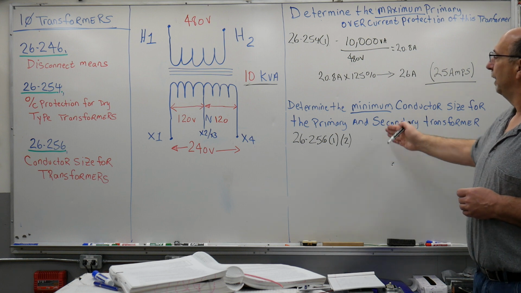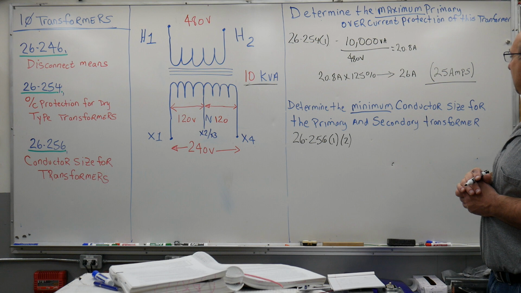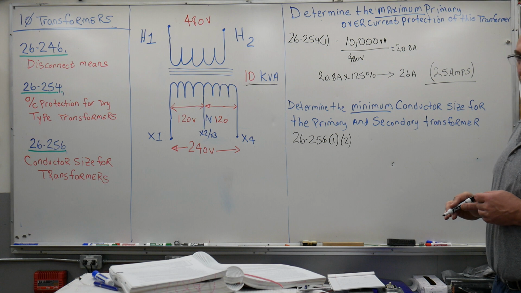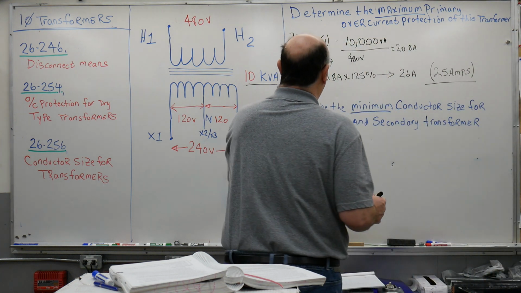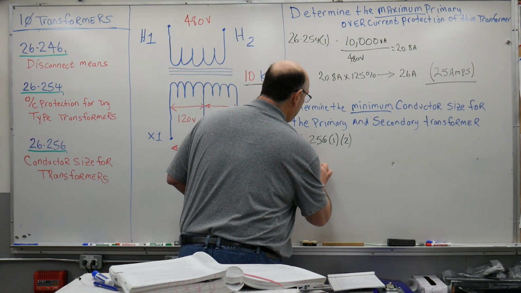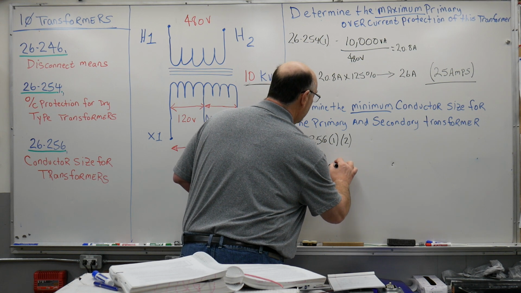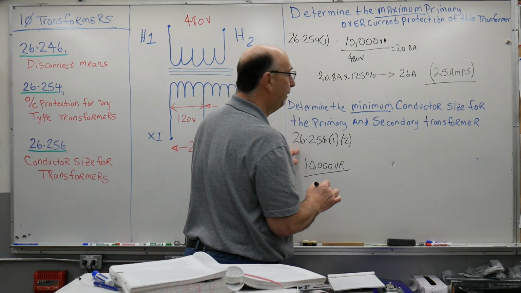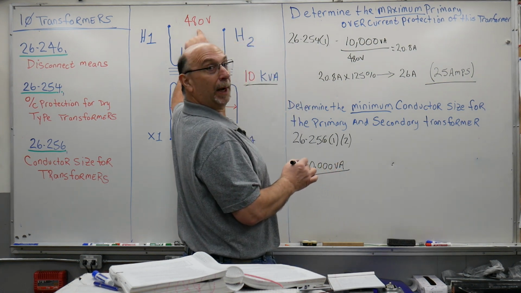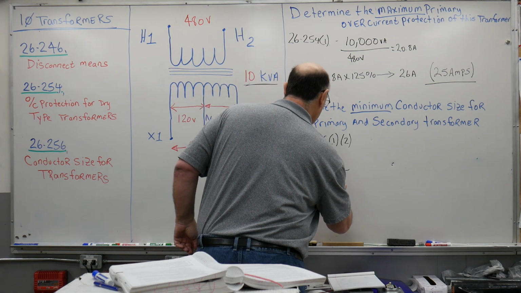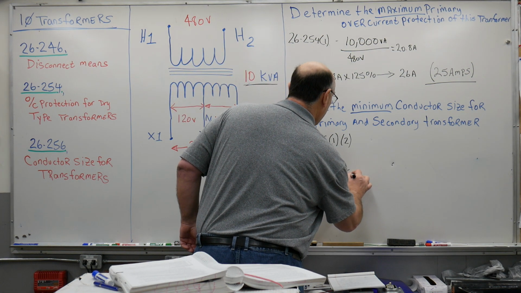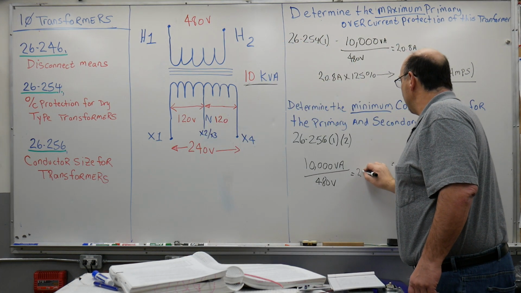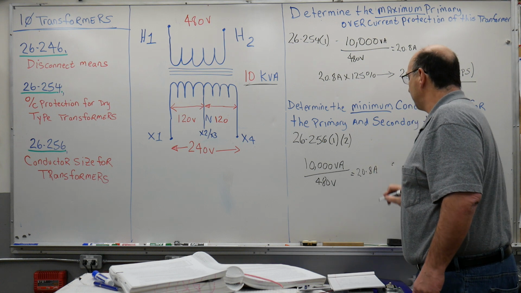Next, we want to determine the minimum conductor size for the primary and secondary conductors of this transformer. If we go back to taking the 10,000 VA of the transformer, dividing it by the 480 volts, and it's the same as up here, we come up with 20.8 amps.